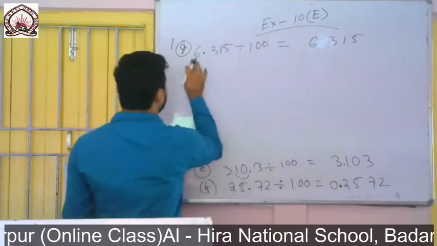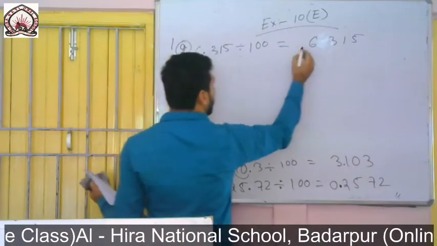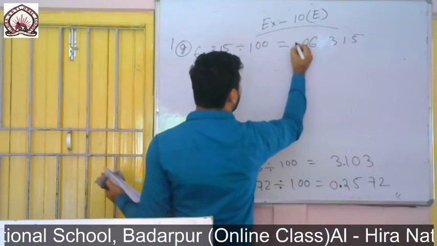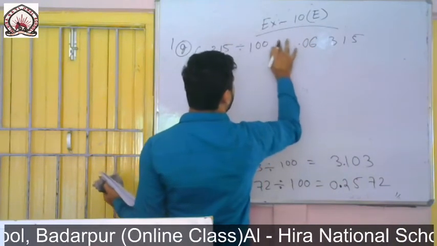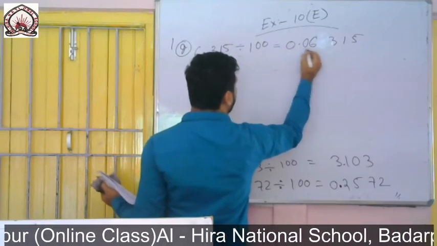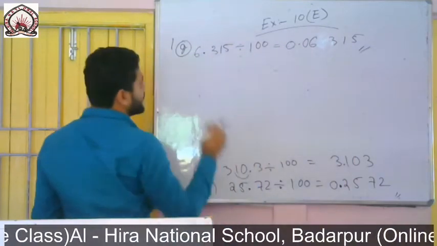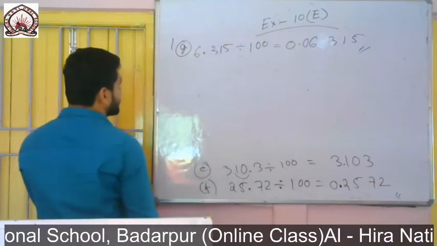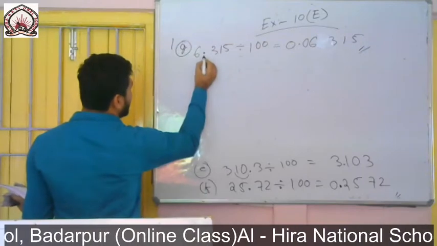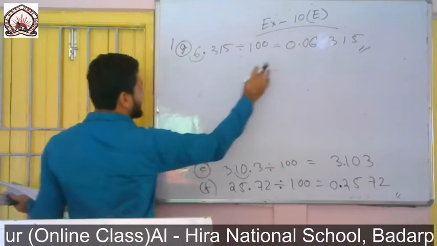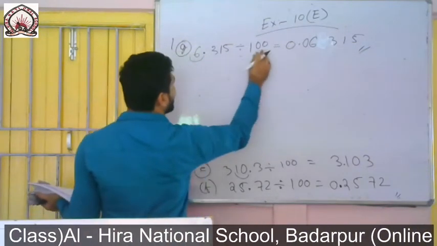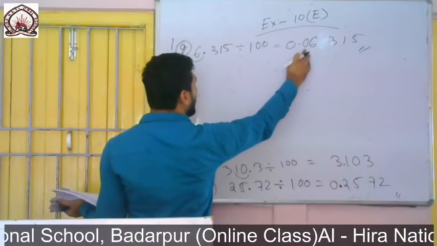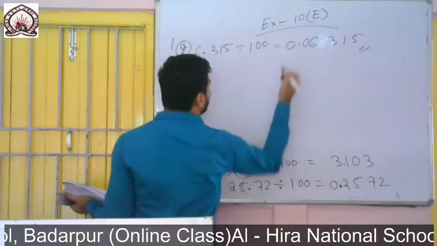If the point shifts here, there is only 1 digit, so by putting 0 we make it 2, then after that we put 0. That is the answer, 0.06315. I put 0 to make it shift 2 places left, after that I put the point.